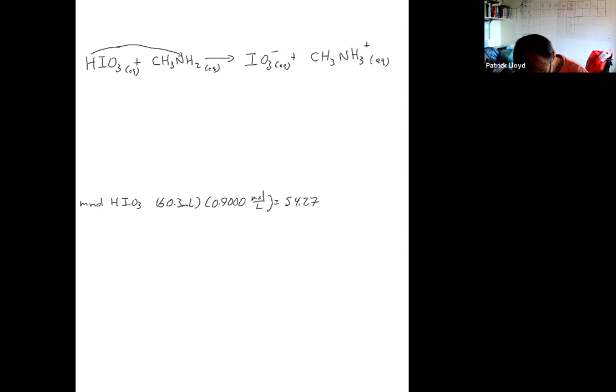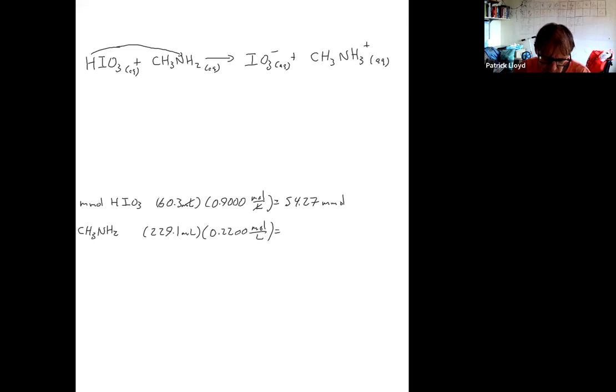And that's going to be millimoles, right? And then we'll do the methylamine. Now this one is 229.1 milliliters, but it has a lower concentration.